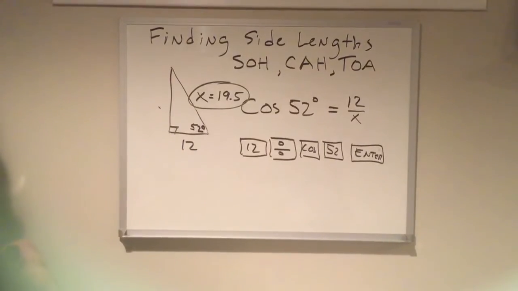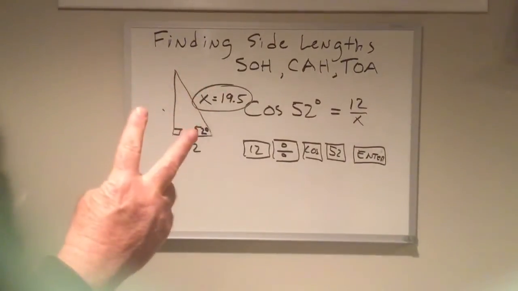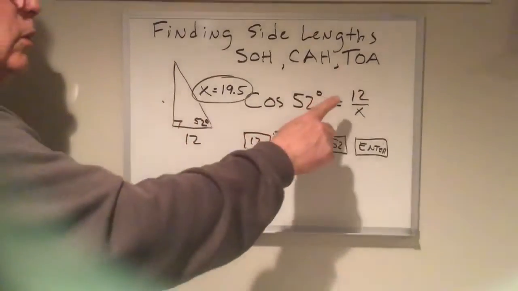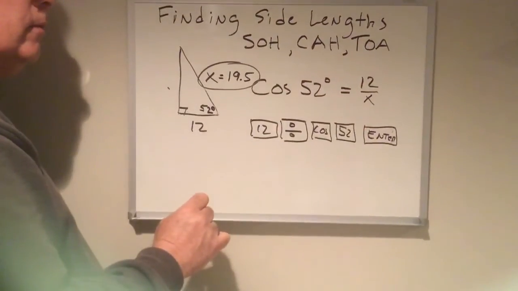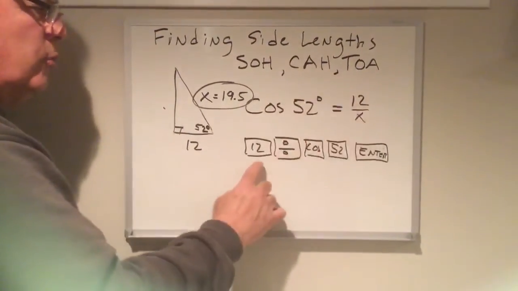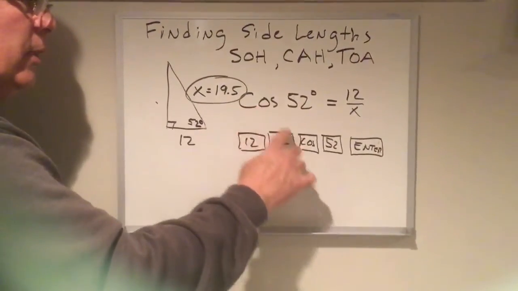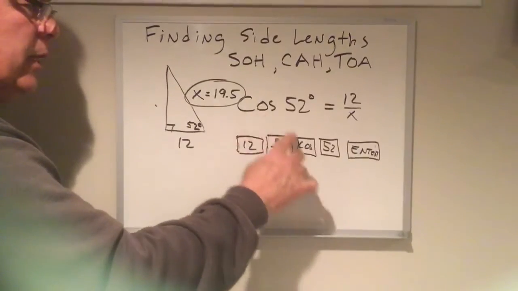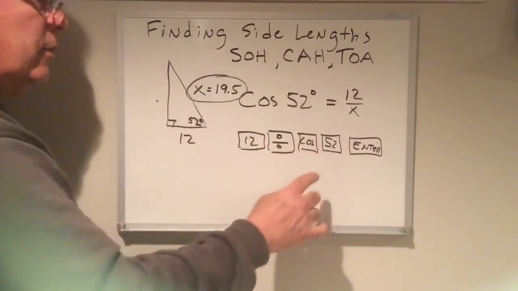So when you're finding side lengths, you have two basic setups. You have the one where the side length that you know is in the numerator. You still set this up the same way, but if it's in the numerator, you're going to do 12 divided by whichever ratio we're using, sine, cos, or tan, and the number of degrees in the angle, and hit enter.